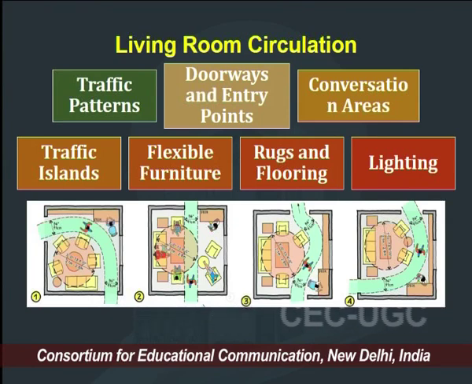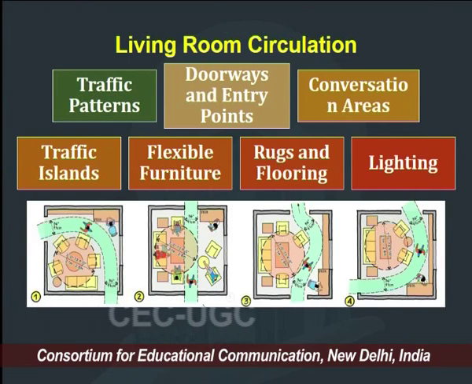So usually in the design of a living room, the area where people are going to sit, basically the sofa area, is oriented in such a way that a focal point such as a TV or a painting is on an axis, and the rest of the area becomes a traffic island, and we design the circulation around it in such a way that there is no conflict in the movement pattern, or in the activity that is happening in that area.